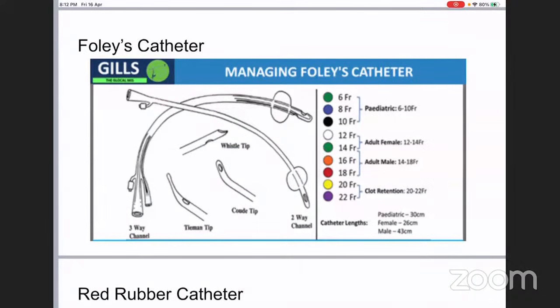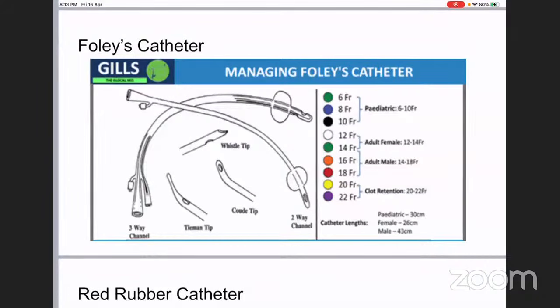And one very, very, very important thing that you have to keep in mind is, what do you inflate the balloon with? Anybody? What do you use for inflating the balloon? Sterile water. Sterile water. Can you use normal saline? No, ma'am. Very good. You're all very, very bright final year. So when you become interns, your PGs can be very peaceful, because what happens if you inject normal saline?